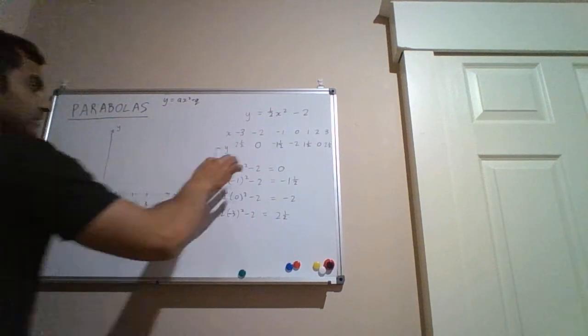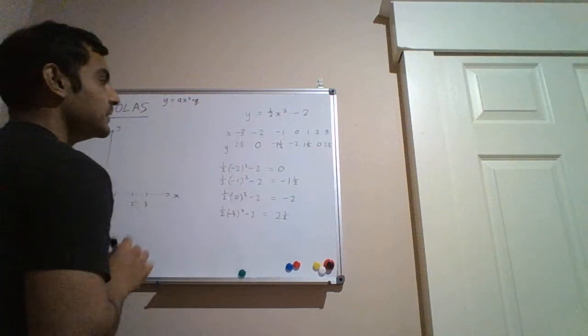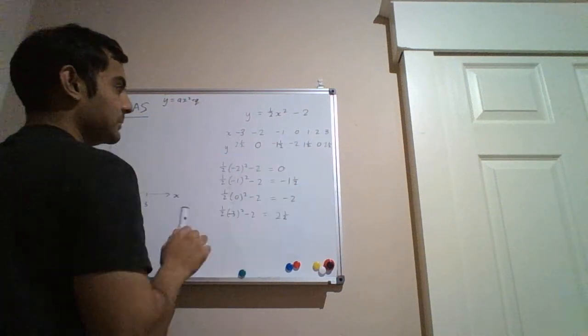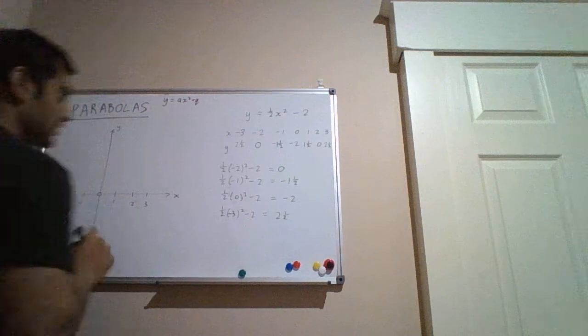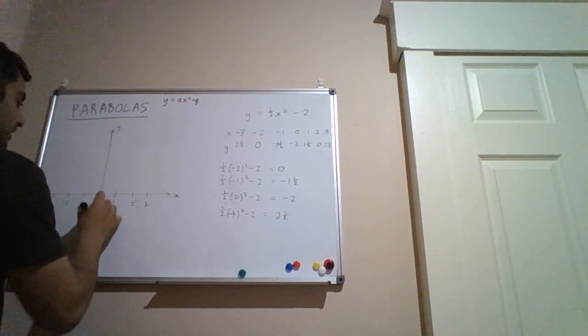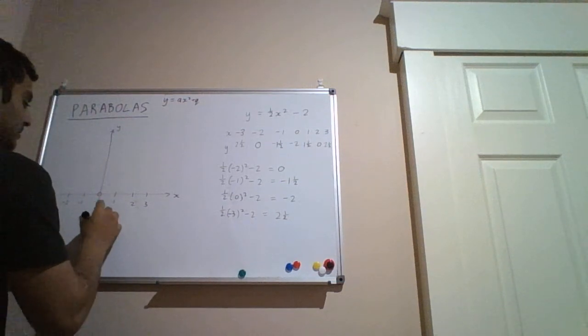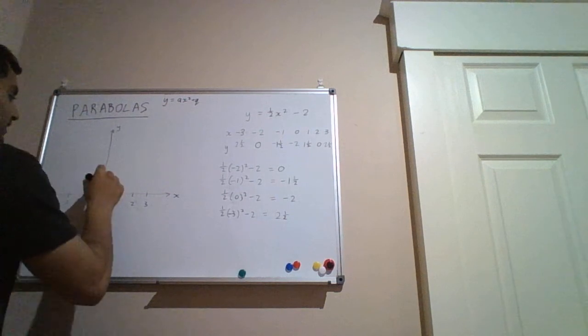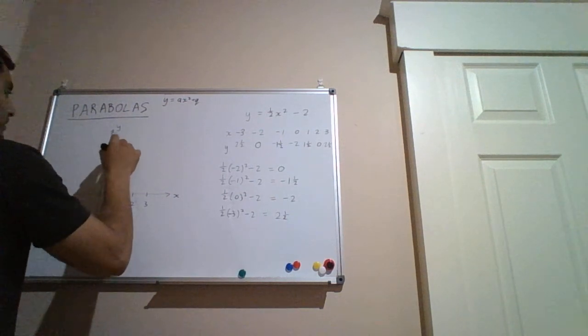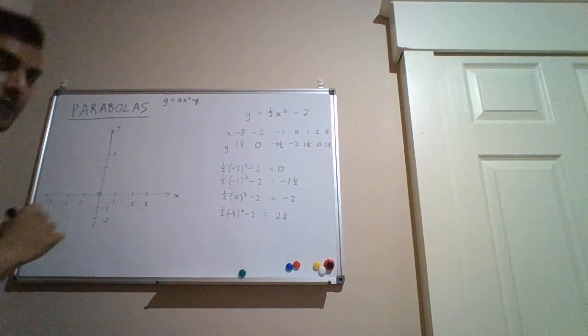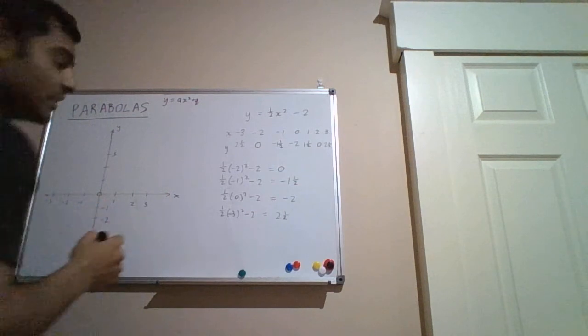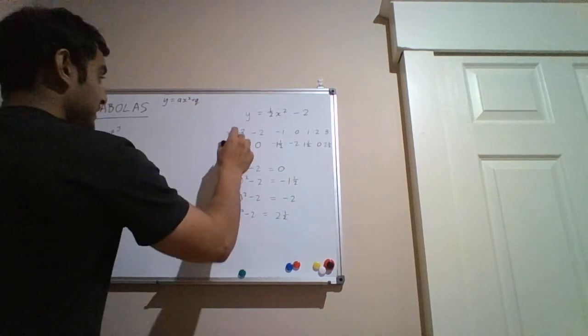And our y values, if we just read off here, our lowest one should be minus 2, and our highest one should be 2.5. So I'm going to do minus 1, minus 2 for our lowest, and 1, 2, 3 for our upper values. So now let's plot the actual points.